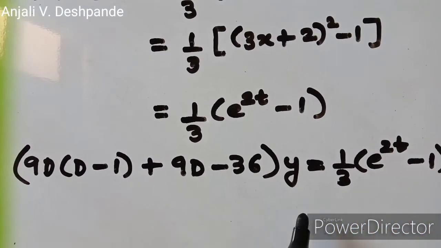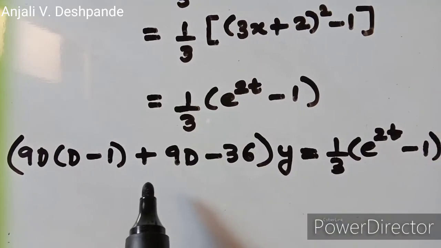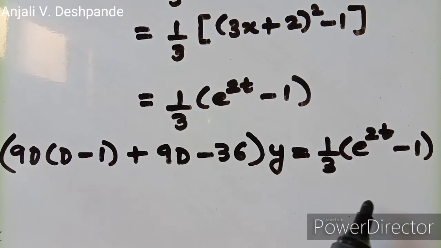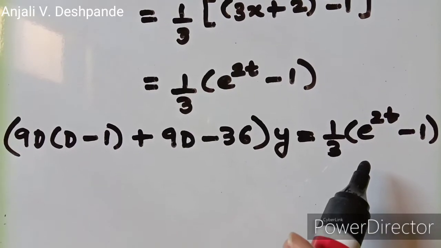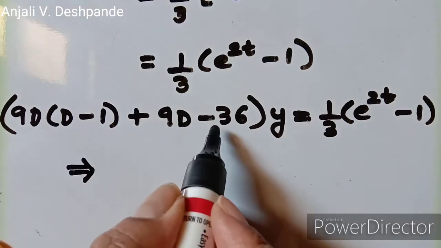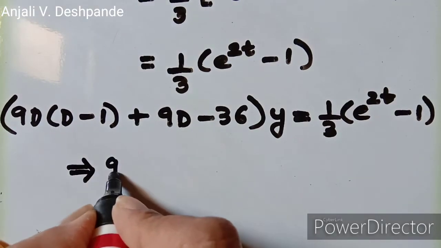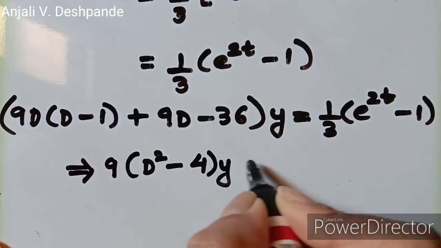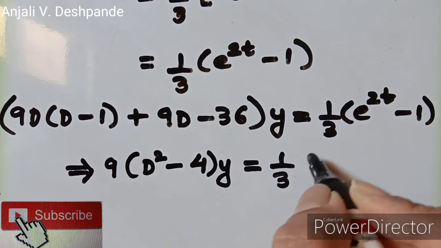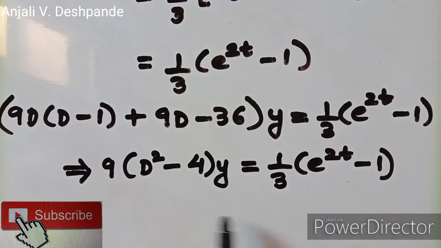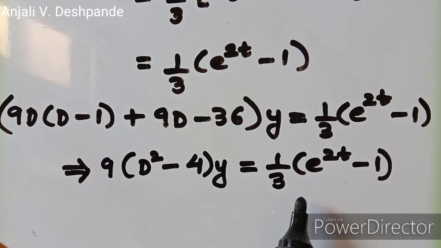In this manner we have converted the Legendre's linear differential equation which was given to us to the linear differential equation form. Now we have to solve this equation in the usual way and find the CF and the PI. If we simplify this expression, we will get 9 into (D square minus 4) y is equal to 1 upon 3 (e raised to 2t minus 1). And now this equation can be solved by using the CF and the PI.